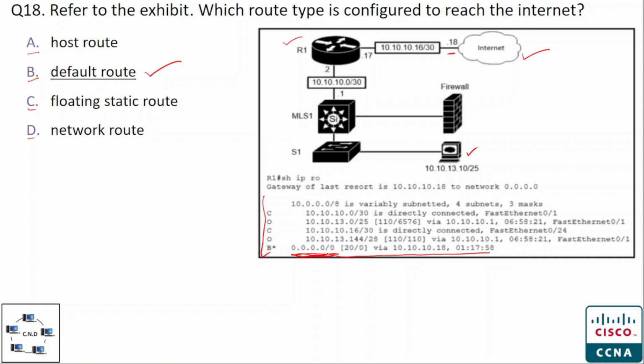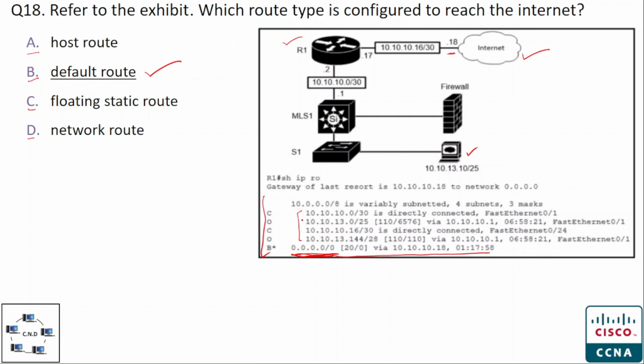A default route contains all the destinations, and it is used when the route to a destination is not available in other entries. So whenever any device wants to access the internet, or for that case anywhere, first of all the configured routes are checked.